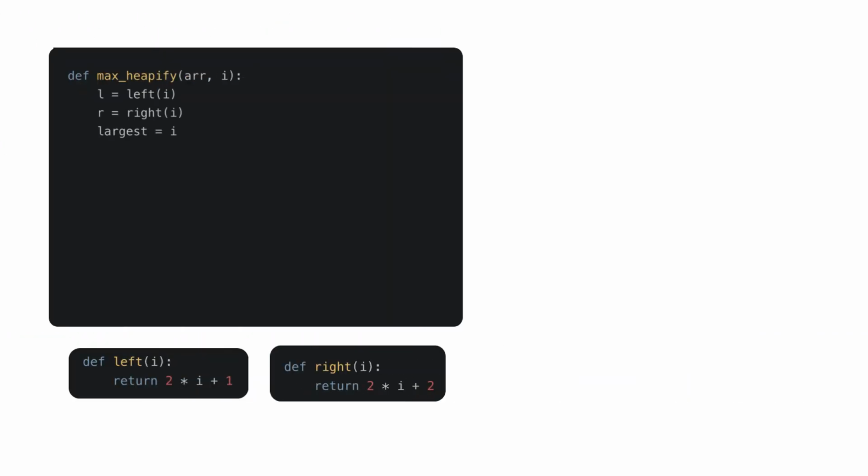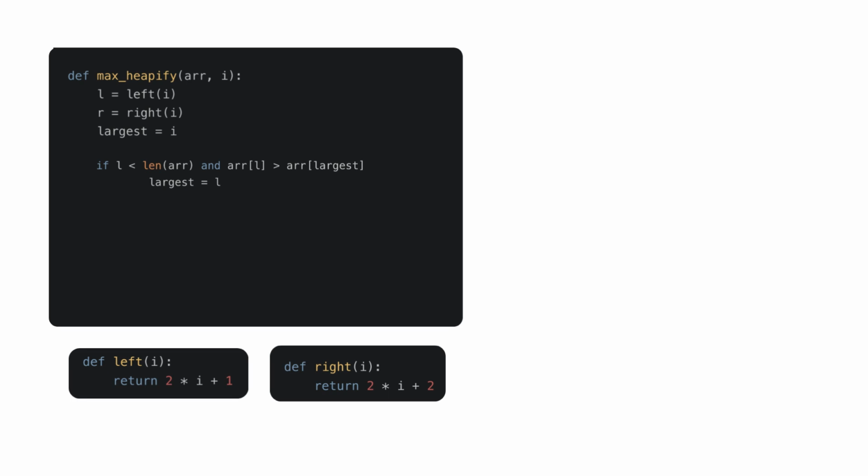The max Heapify function takes the array and the index of the current node as parameters. First, we calculate the indices of the left and right children using our helper functions left of I and right of I. We assume that the current node I is the largest among the three. That's why we initialize largest to I. Here we check if the left child exists and is greater than the current largest.